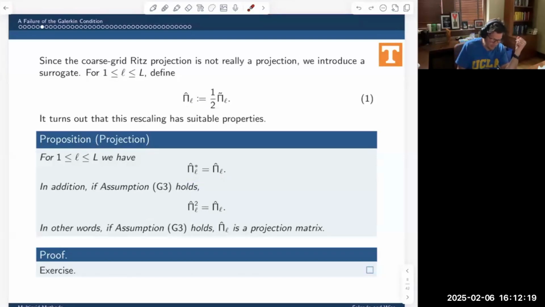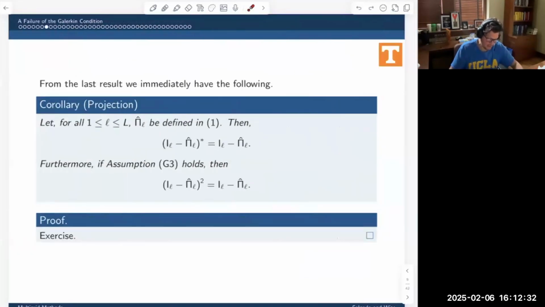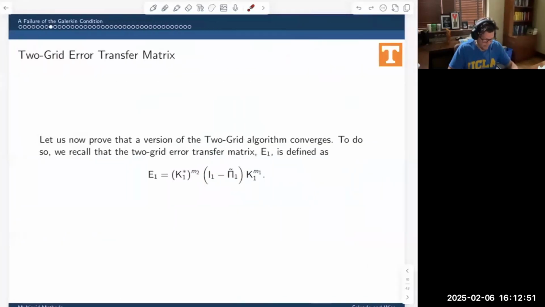So A star is equal to the matrix itself. And it's a bona fide projection matrix. The hat matrix is a projection matrix because pi_L hat squared is equal to pi_L hat. We didn't prove that last time, but we mentioned it. Of course, anytime I have a projection matrix and I subtract it from the identity matrix, then it's going to be a projection matrix. And if P is self-adjoint, then I minus P is also self-adjoint.